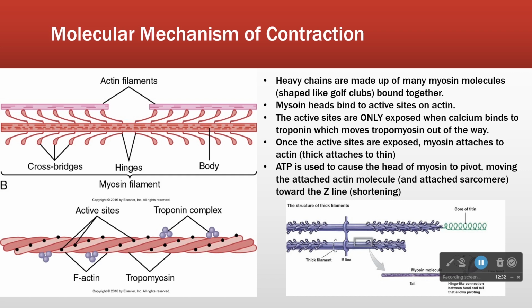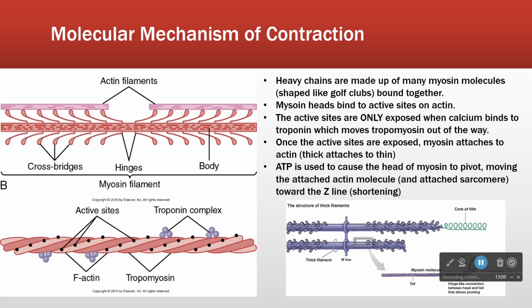When calcium is present, it causes troponin and tropomyosin to rearrange, exposing those active sites. Once those active sites are exposed, then the myosin heads can bind to them and we can start getting contraction. Now, these active sites are only exposed when calcium binds to troponin. That causes tropomyosin to change its orientation, exposing the binding sites.